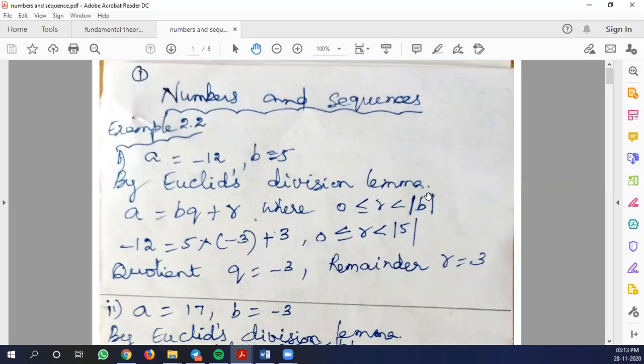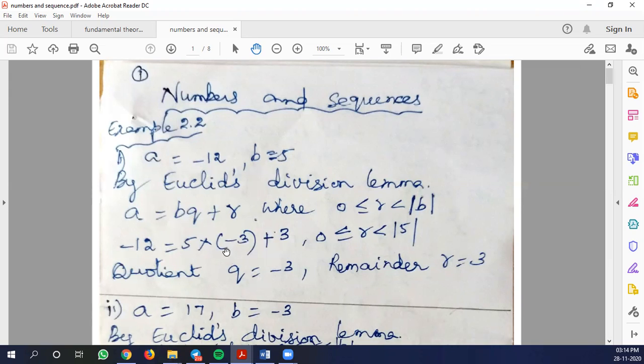Okay. So here what you're going to see is now you can write this minus 12. That is, a is equal to what is given there, minus 12. That is equal to b into, b is what? 5. 5 into, then you have to put some other number here inside the bracket, plus some other number, so that you will get the answer as minus 12.